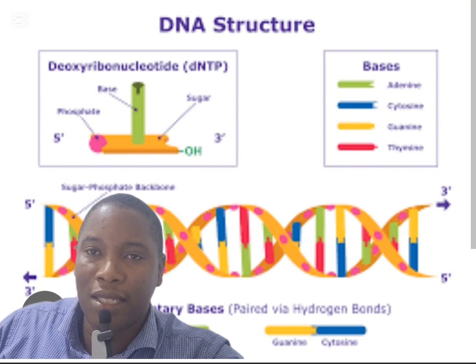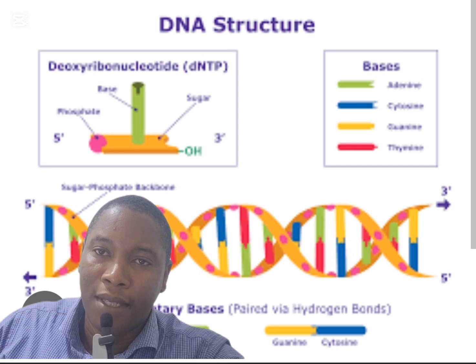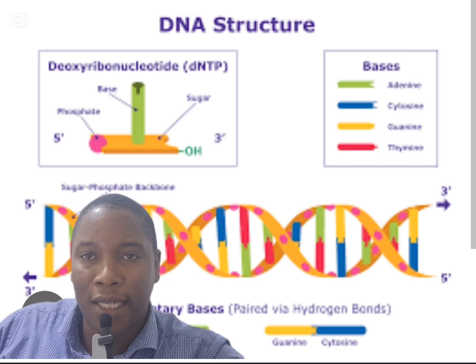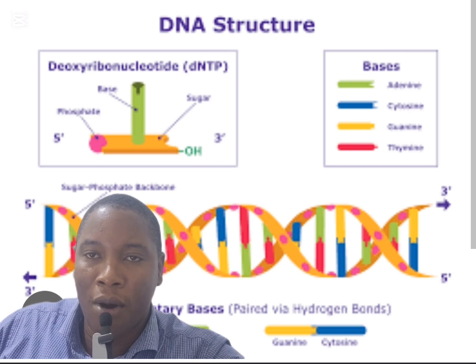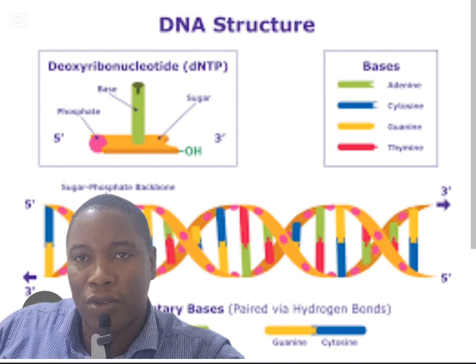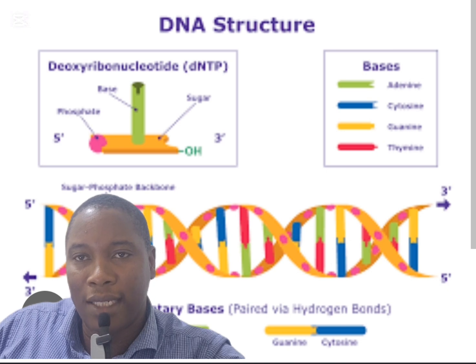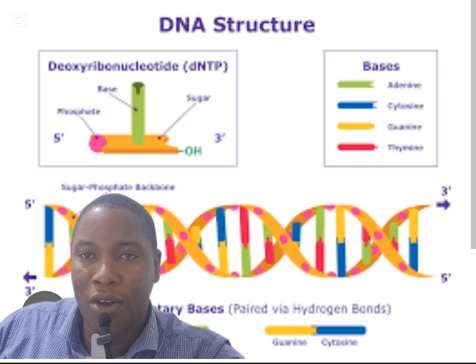Now, DNA sequencing is any method that is used to determine the composite nucleotides that make up a DNA molecule. So if you have a particular DNA molecule, scientists are interested in determining the nucleotide sequence, the nucleotides that make up the molecule, and then in what order these nucleotides come.